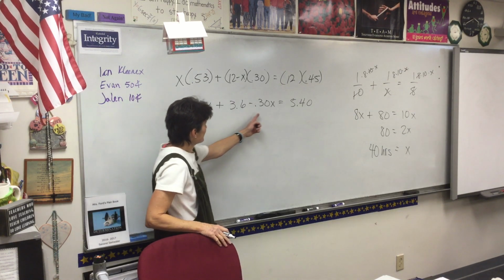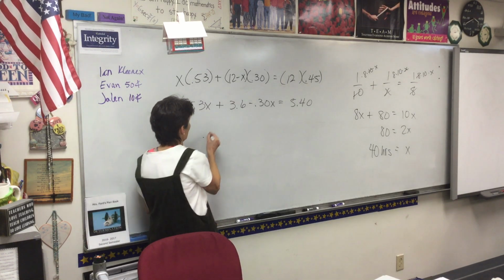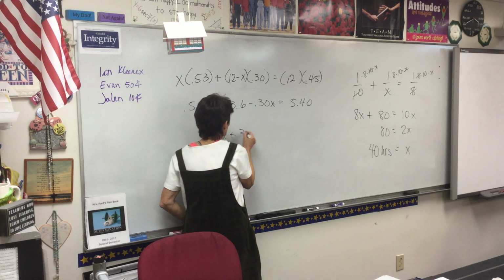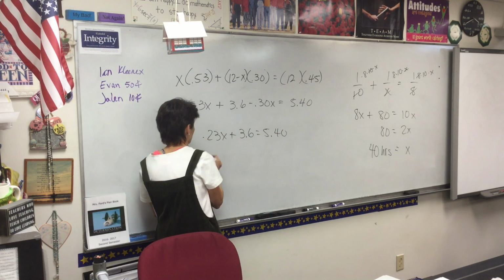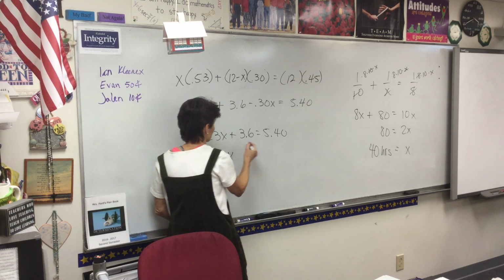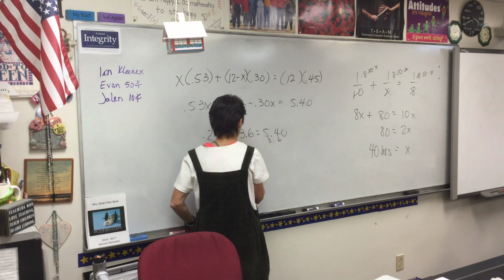So we're going to combine these. So 0.23x. Keep an eye on my arithmetic. And I'll subtract that.